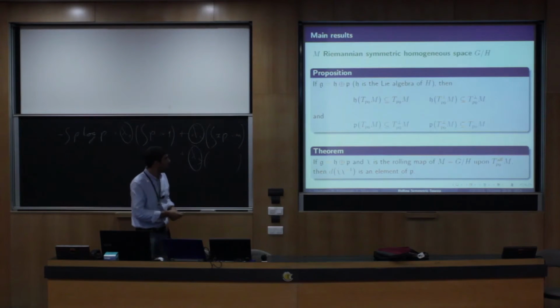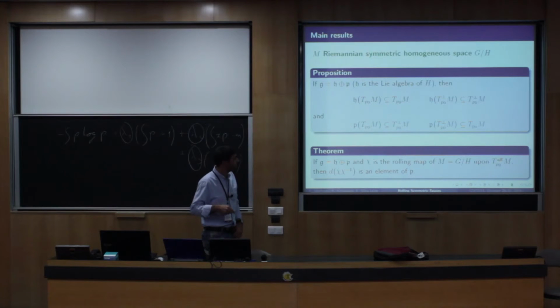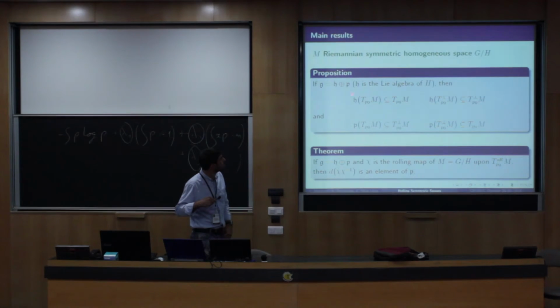So what we were able to prove was that if we have this decomposition of the Lie algebra of the group G into the direct sum of the Lie algebra of the isotropy group and the vector space P, then H maps tangent vectors to tangent vectors and normal vectors to normal vectors, while the vector space P sends points from the tangent space to the normal space and the other way around.